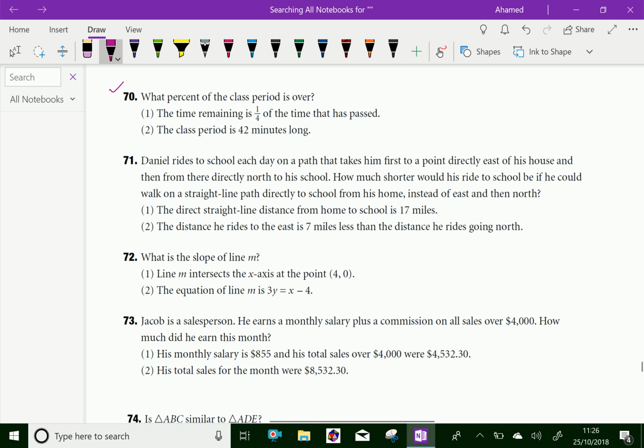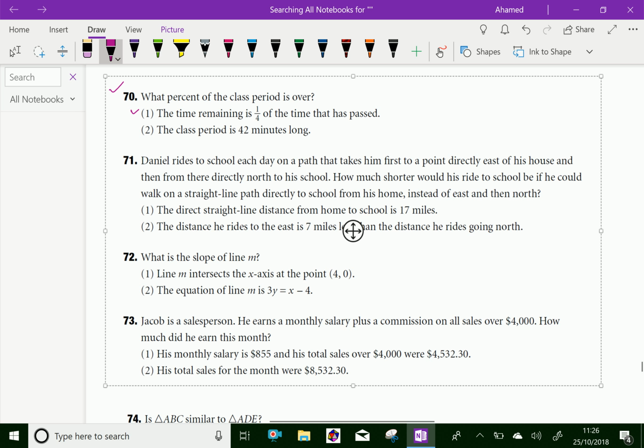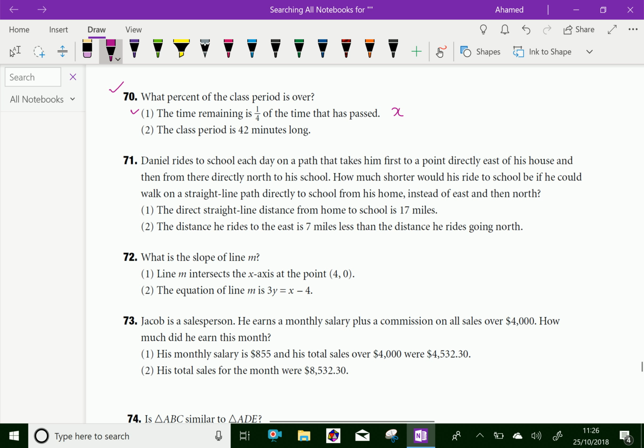Here, the first statement: let the total time period of the class be x. Then the remaining is 1/4 of that x, therefore we can say the total time of one period is x plus 1/4 of x, which is 1.25x, and we have to calculate what percent of the class period is over.